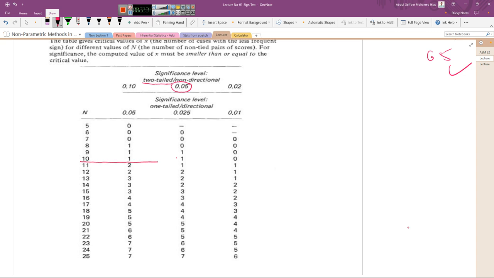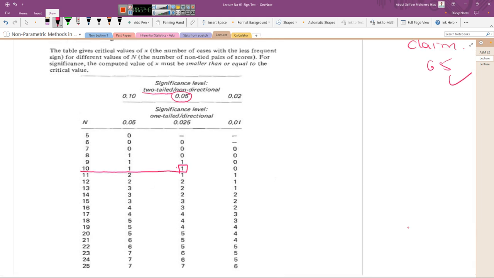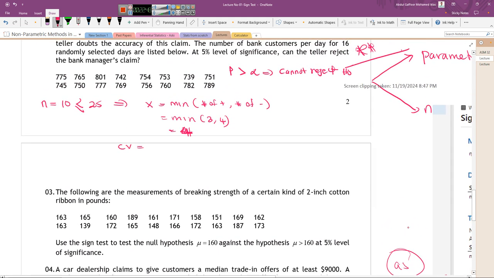The corresponding critical value is 1. Oh, I'm sorry, n is not equal to 10, n is equal to 12.